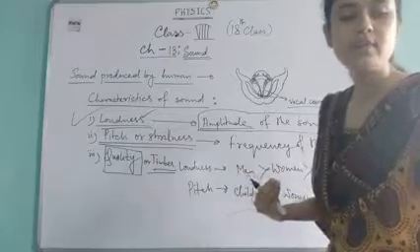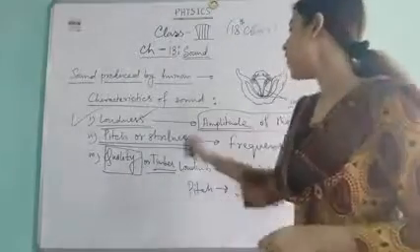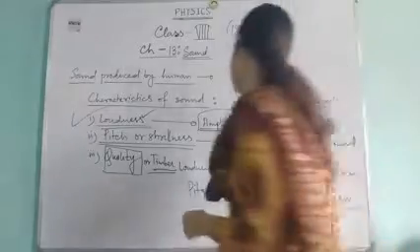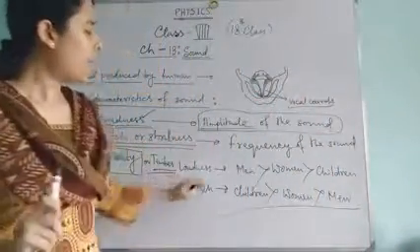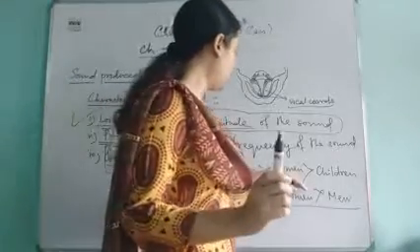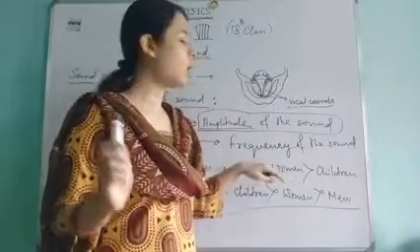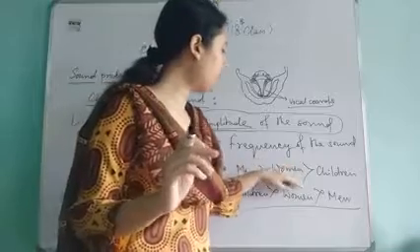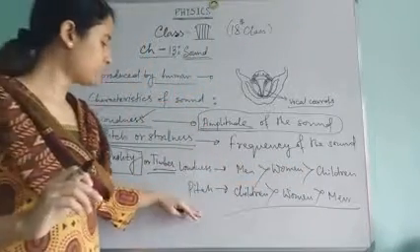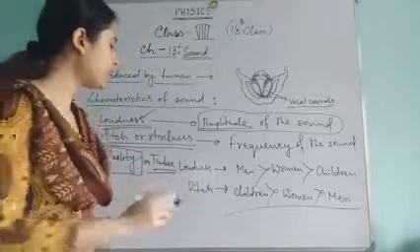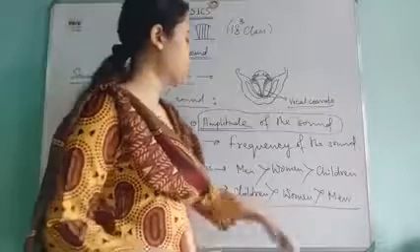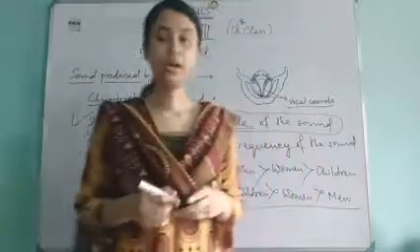So here what we came to know is that loudness depends on amplitude, and pitch or shrillness depends on frequency. Based on that, for humans, a man can shout much louder than a woman or a child, but the pitch of the sound produced by a child will be much higher compared to a woman or a man.